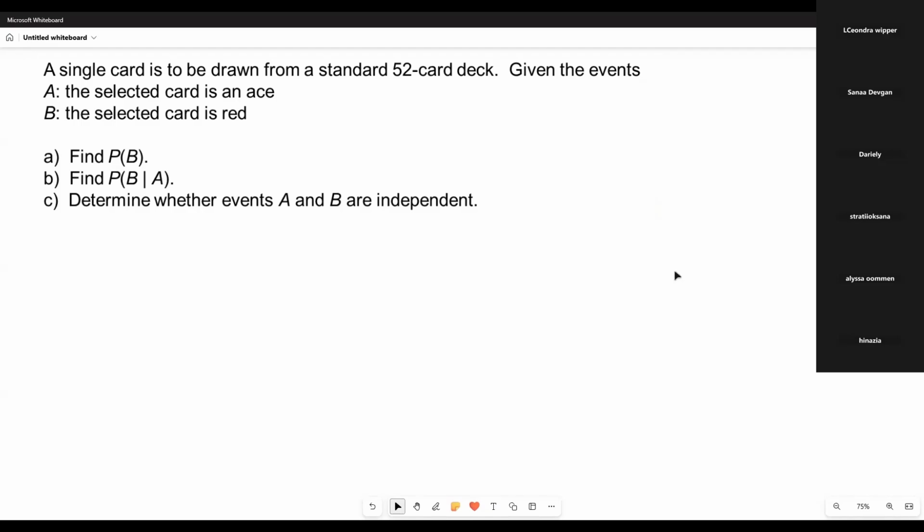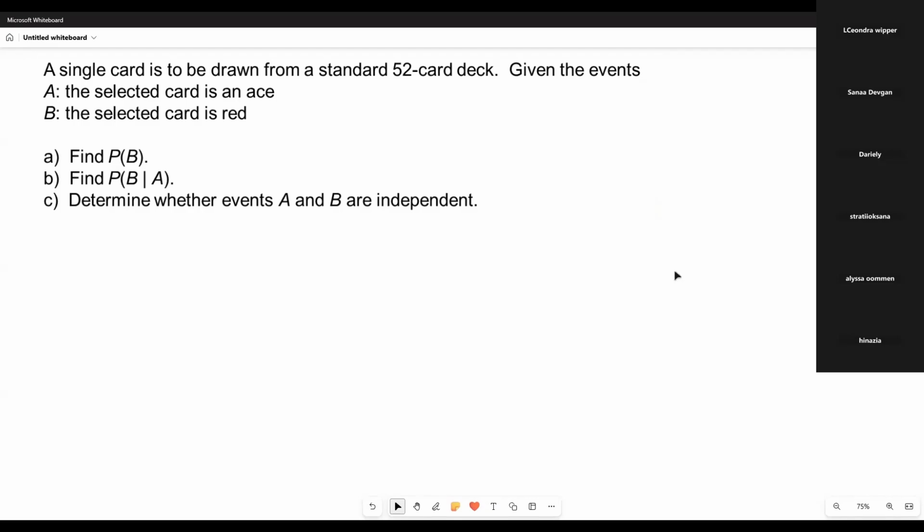A single card is to be drawn from a standard 52 card deck. Given the events, A, the selected card is an ace. B, the selected card is red.